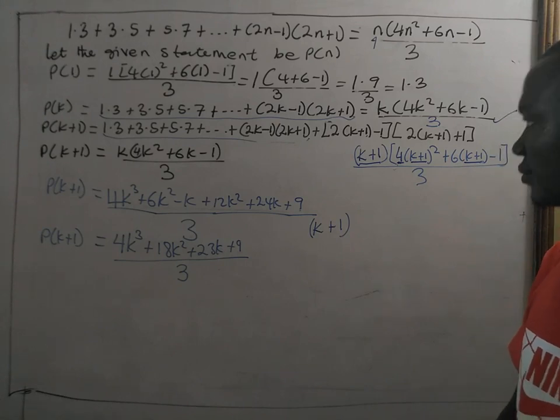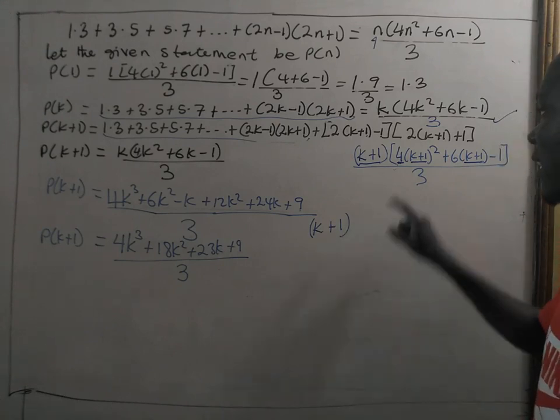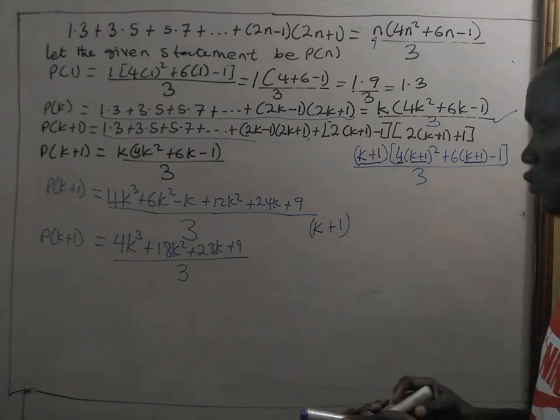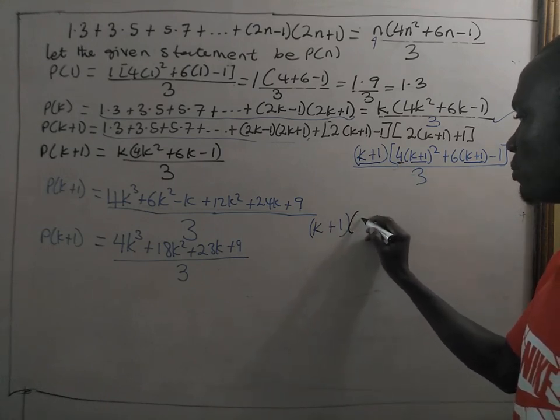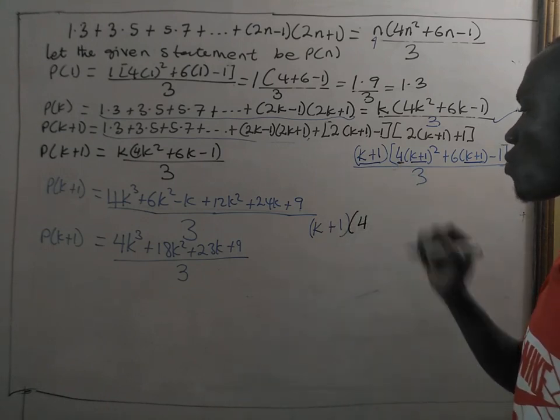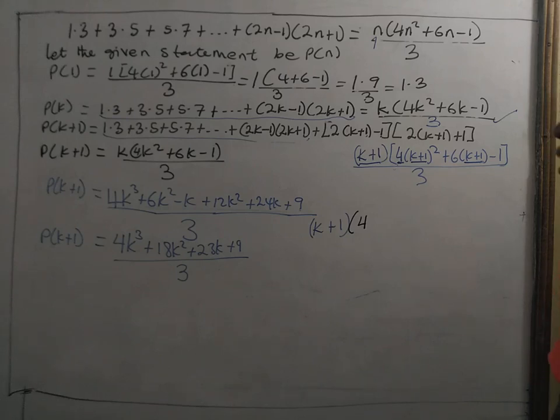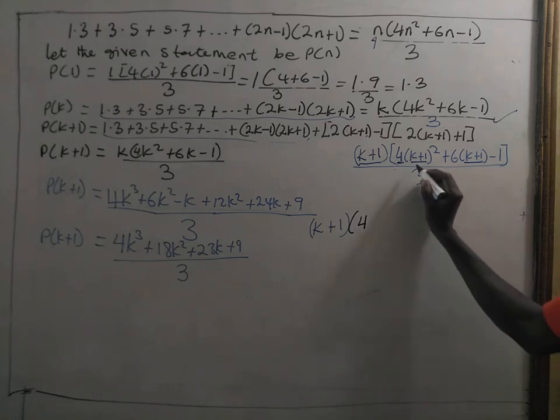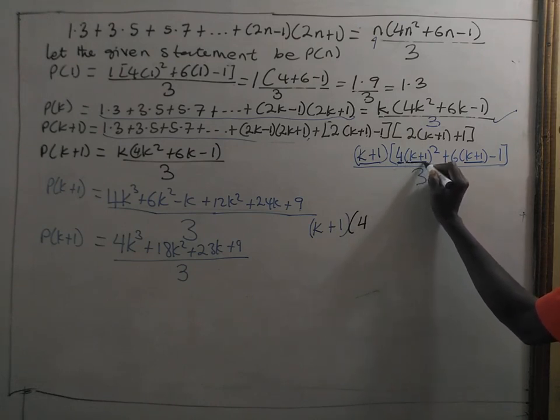Now, inside here, I need 4. So, let me put the 4 down. I need 4 and I need k squared. Right?